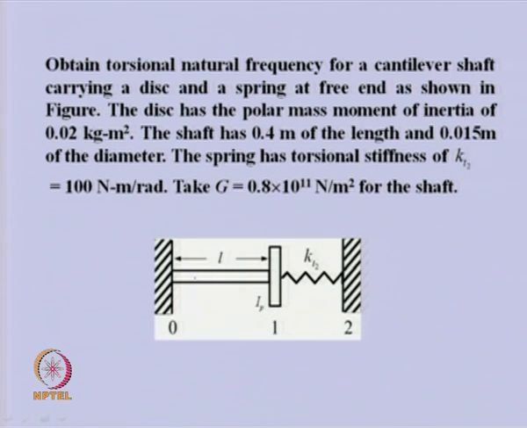For this particular case, when we want to analyze using the transfer matrix method, we need to assign stations. Let us say this is station 0, the disk location is station 1, and the fixed end of the spring is station 2.